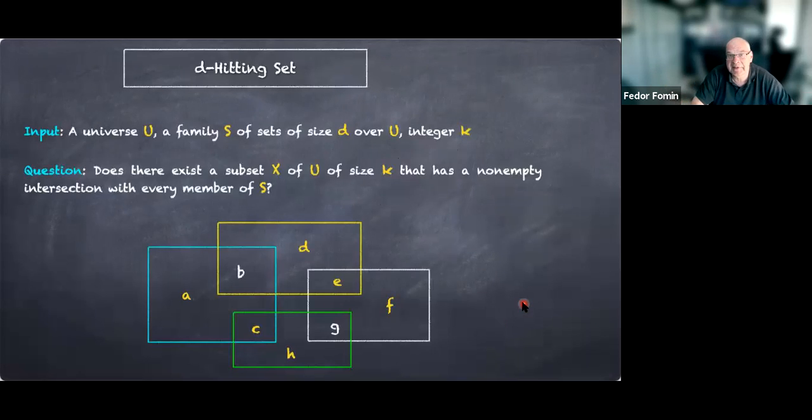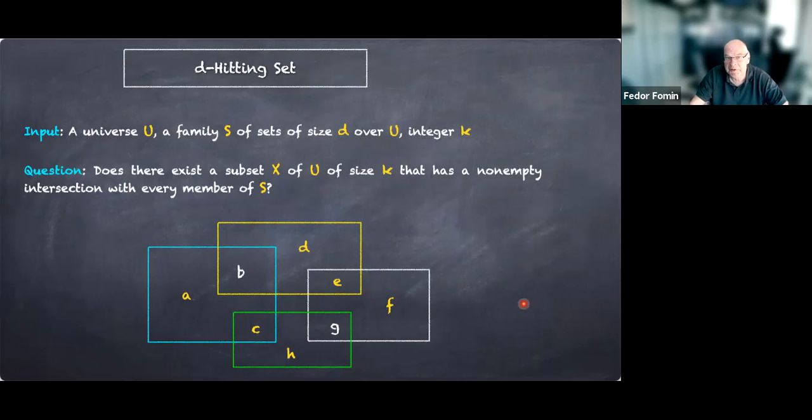Okay, so the same example, hitting set. We already met hitting set when I was giving you the first algorithm to compute representative sets. Just to recall, what is the hitting set problem? I have a universe U, I have a family of sets of size d over this universe, and I have an integer k.